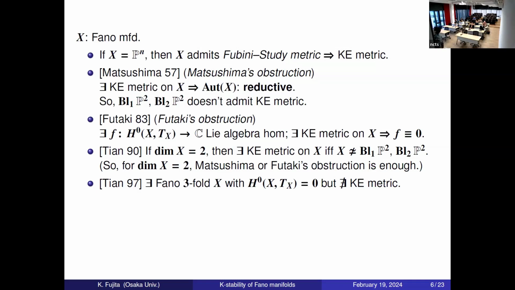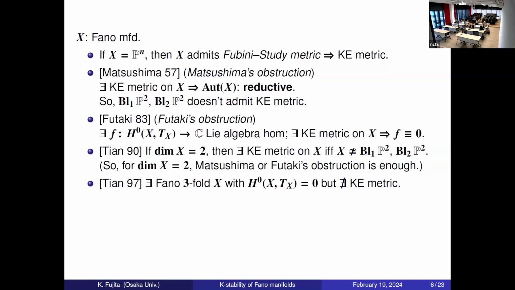If finite, then the tangent space at the identity is the zero vector space. So if the automorphism group of X is finite, then those obstruction results say nothing, but there is a Fano threefold such that X does not admit a Kähler-Einstein metric.